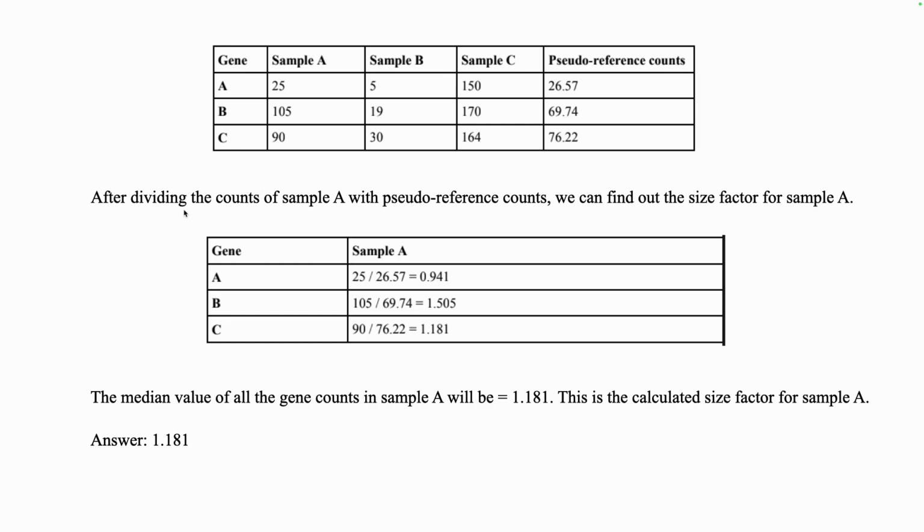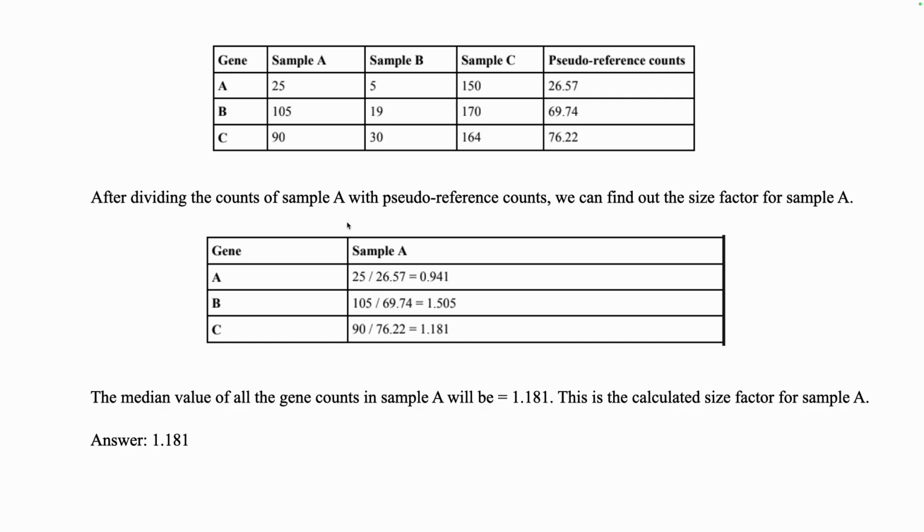Then how do we calculate the size factor which is asked in this question? These are the pseudo reference counts, and we are given the raw counts as well. When we divide our raw counts by our pseudo reference count, we get a certain value. For sample A, for gene A, it would be 25 divided by 26.57.